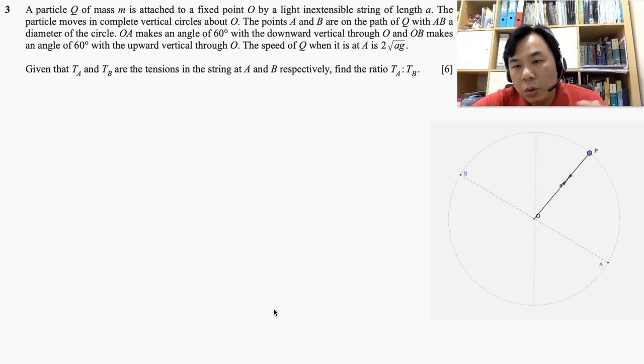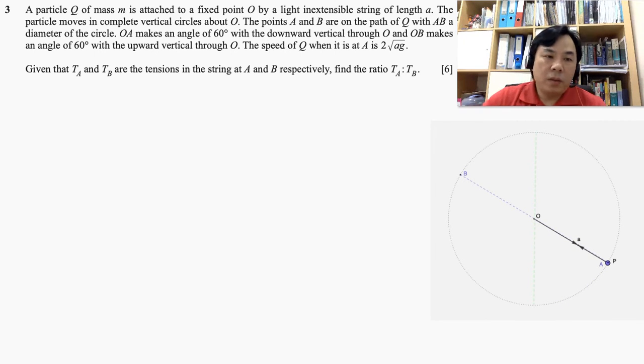So it's going to go through a vertical circular motion. I'm going to show you one round, and let's make it faster. Then it's going to reach position A. Let me run it one more time smoothly, and then it stops at position A. At position A, its speed is √(2ag).